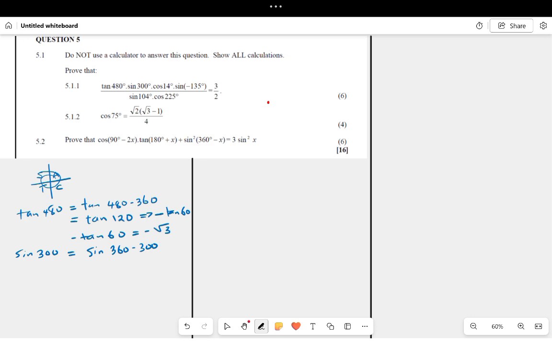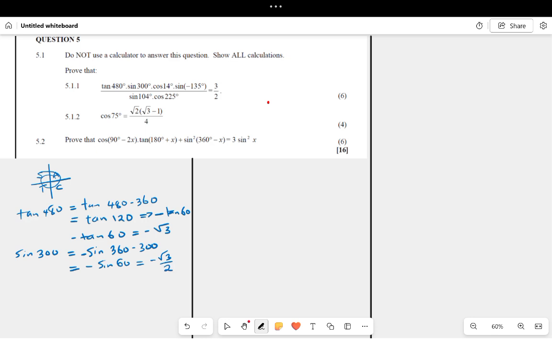If this angle is less than 90 degrees, the sign is negative. So this is equal to negative sine 60, which is simply equal to negative the square root of 3 over 2.